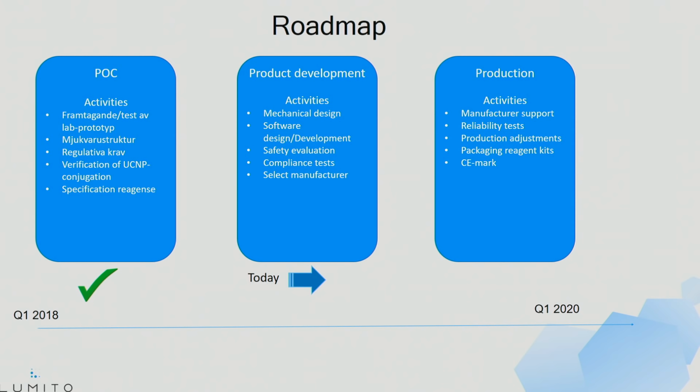And we will go over to the third phase this autumn, to be able to CE mark and set up production and transfer to production. We have the aim of launching the first products in the first quarter of next year, Q1.